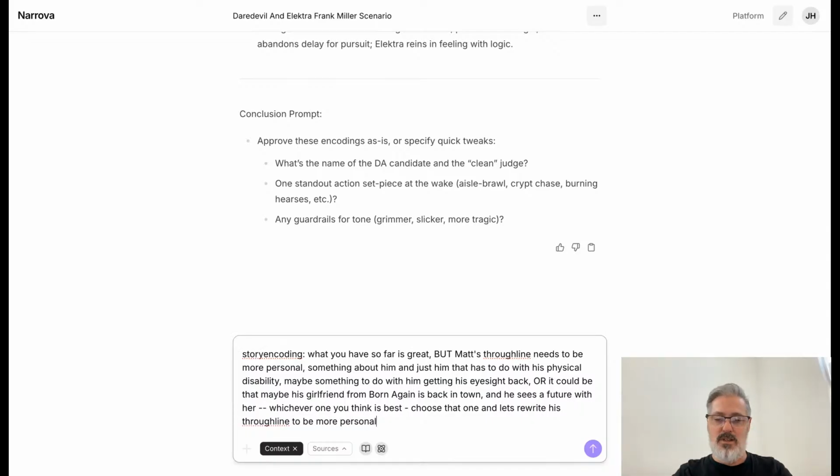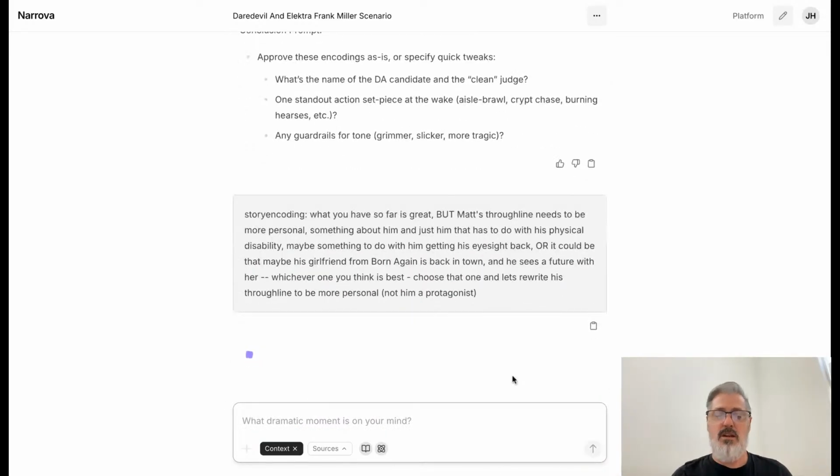So it's not him as protagonist, because you really want that main character through line to give it. He's definitely going to be the protagonist, so he's going to do all the stuff that's listed in there. But that's in the objective story, not in the main character.